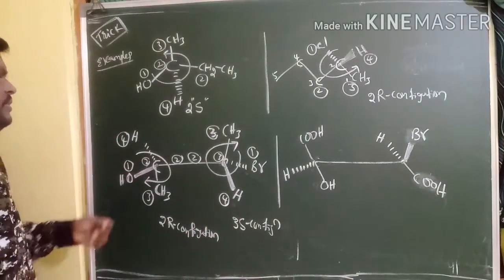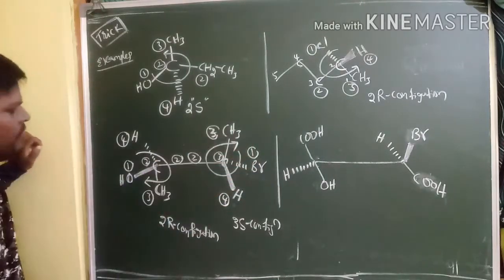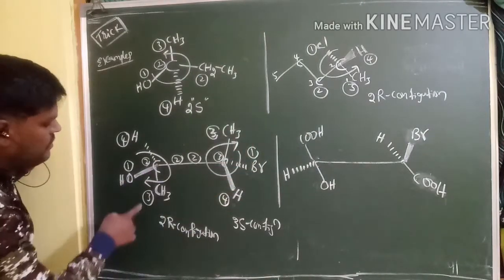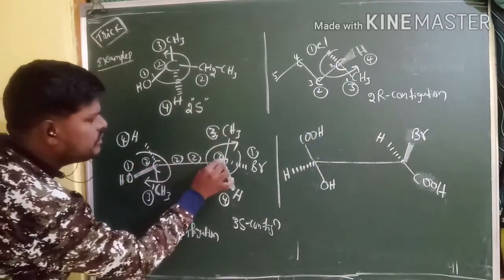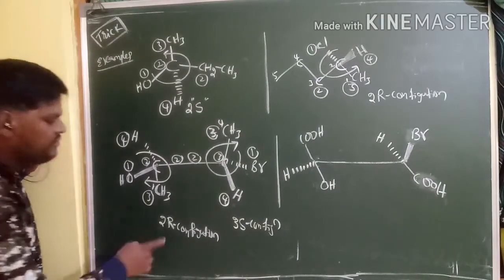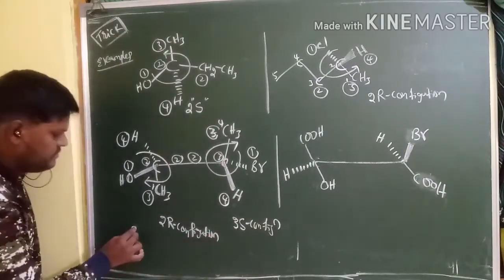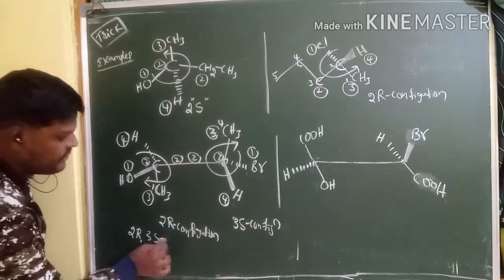What is the name for this molecule according to the IUPAC system? Right. First write down the substituent. 1, 2, 3 and 4 is the longest chain. So what is the configuration here? 2R comma 3S. Write down 2R comma 3S hyphen.